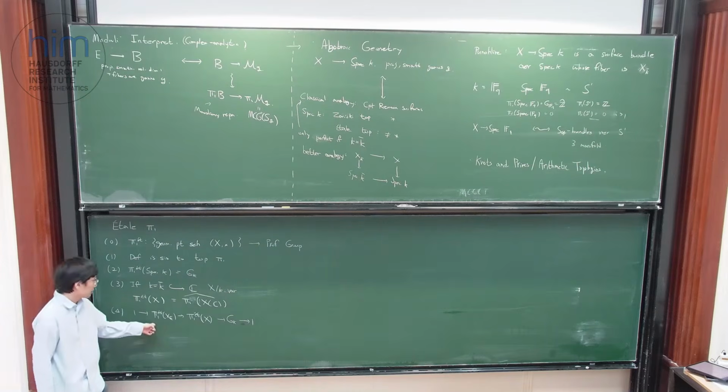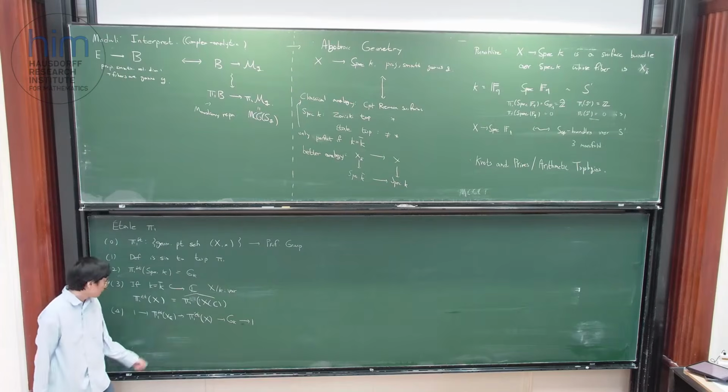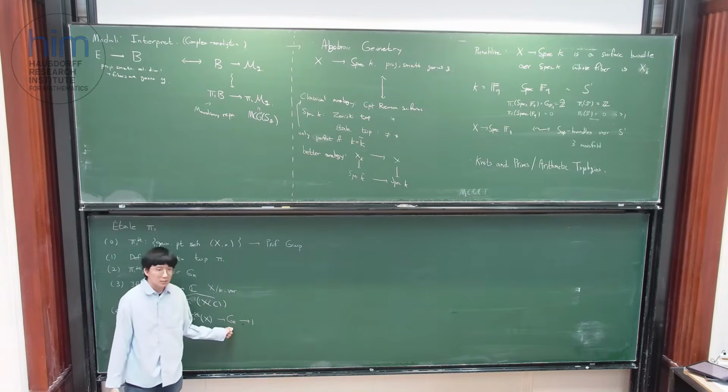So this group, which is sometimes called the arithmetic fundamental group, is decomposed into two parts. The first part, the étale fundamental group of X over K bar, governs the geometry of X, and G_K governs the arithmetic part, because it is a Galois group over a field.